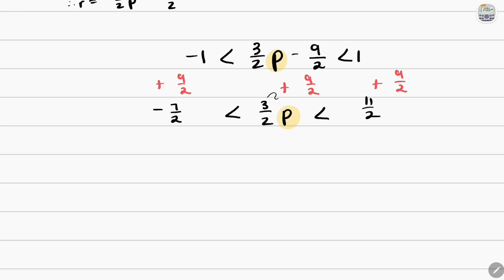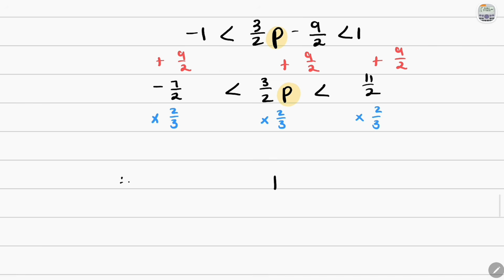To solve for p, we need to get rid of the 3 over 2. We can do that by dividing by 3 over 2 all through, or you could see this as multiplying by 2 over 3. You can multiply by the reciprocal, because that helps to cancel out the numerator and the denominator. So we multiply all sides by 2 over 3.